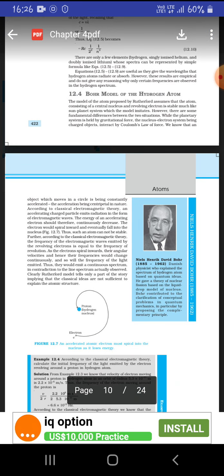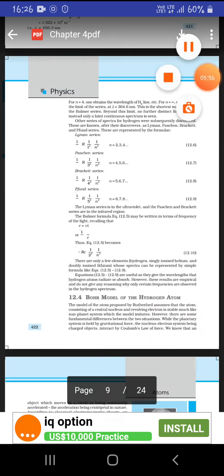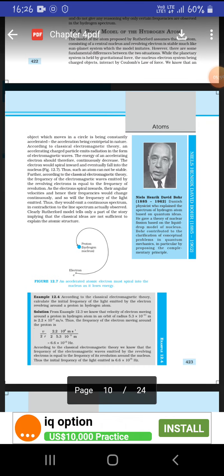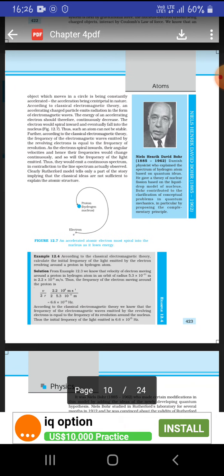So, Bohr model of the hydrogen atom. There is a central nucleus with protons and neutrons and revolving electrons, as Rutherford said, and Bohr also said that. While the planetary system is bound by gravitation, the nucleus-electron system, being charged objects, interact by Coulomb's law of force. We know that an object which moves in a circle is constantly accelerated, and the acceleration is centripetal in nature.